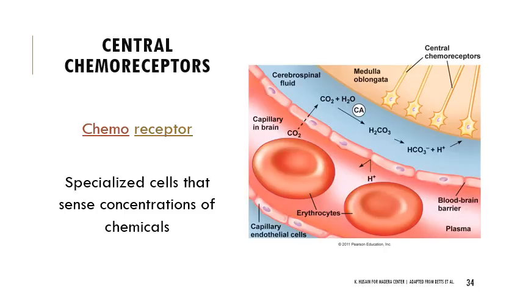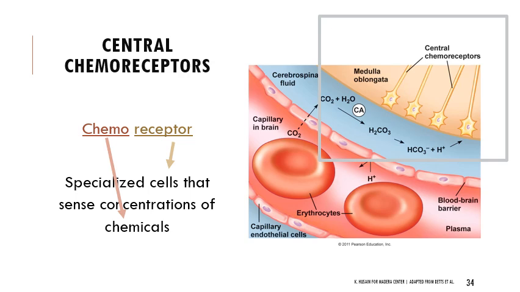Okay, so tying together these ideas of carbon dioxide, pH levels, and signaling, we'll start out with the central chemoreceptors. Receptors are actually specialized cells. The receptors are the cell part that senses concentrations of chemicals. So chemoreceptors are specialized structures that sense chemical concentrations.